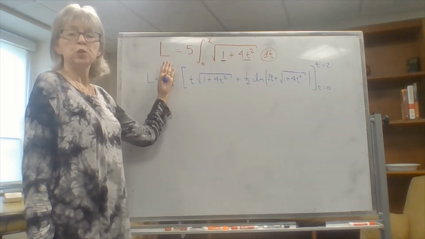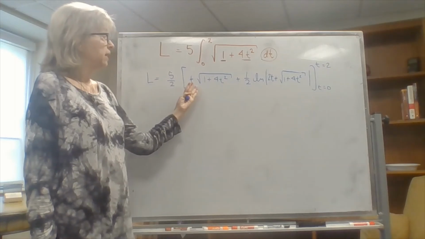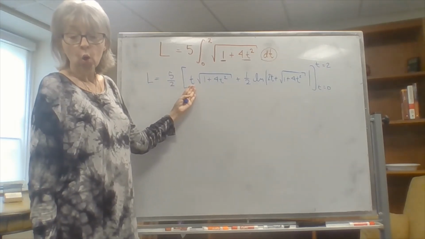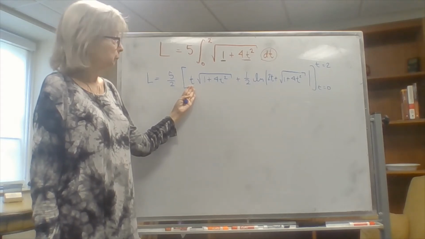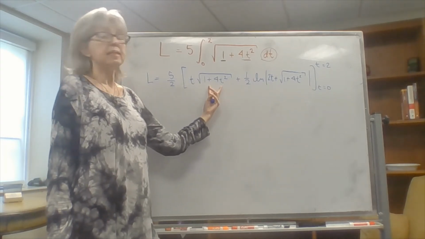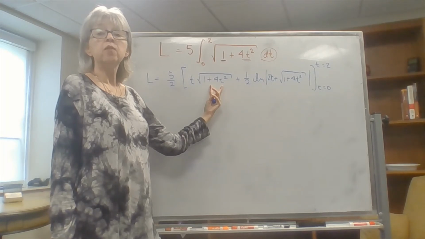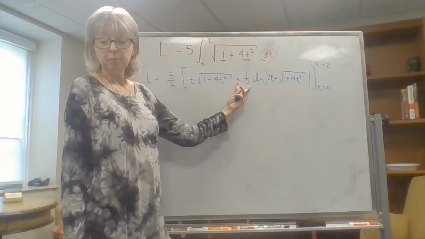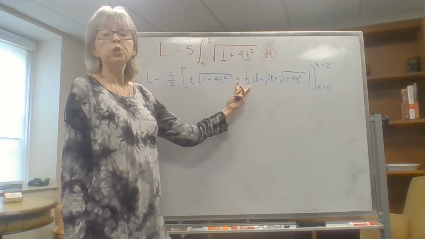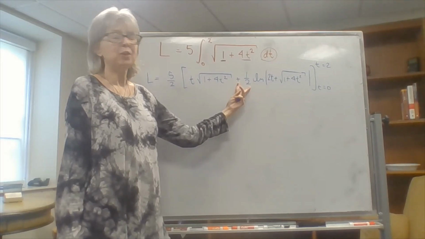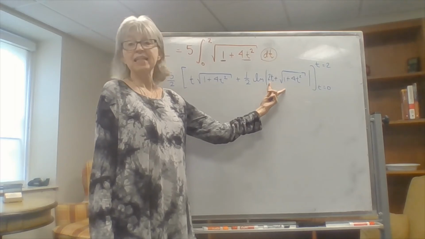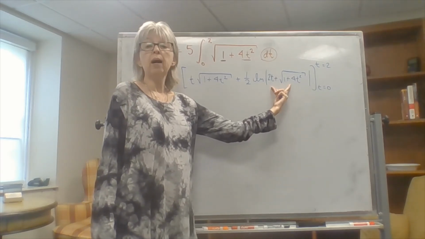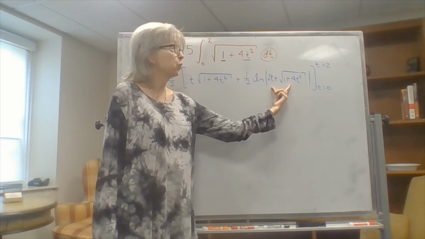The 5/2 is in front already. This is a simplified u over 2. This is a simplified square root of a squared plus u squared. This is a simplified a squared over 2. I'm looking down at the formula in my book. This is a simplified u plus square root of a squared plus u squared.